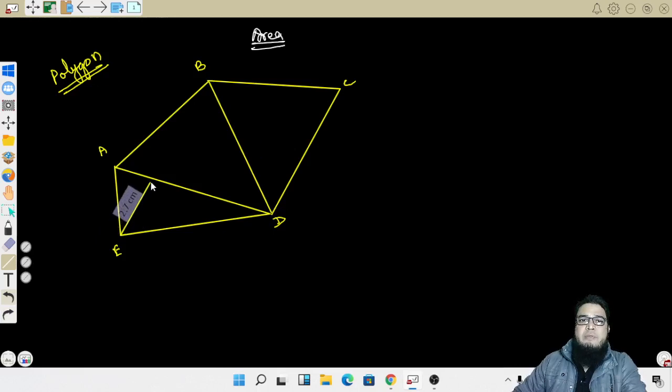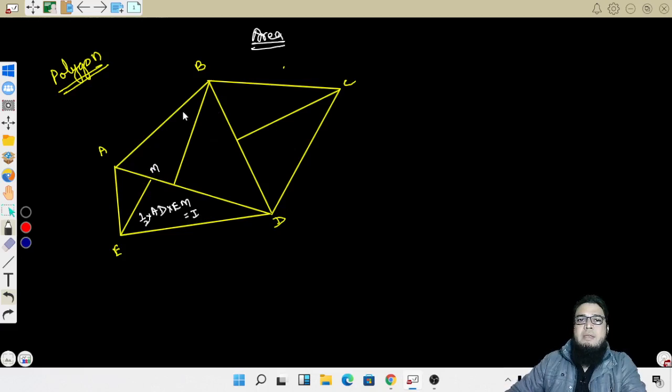Okay, so when we draw height over there, we can also draw height over here. Half into base, this is base AD, for example this is M, so half into AD into EM will give you the area of the first triangle. Then half into AD into, for example this is N, that is BN, gives the area of this triangle.